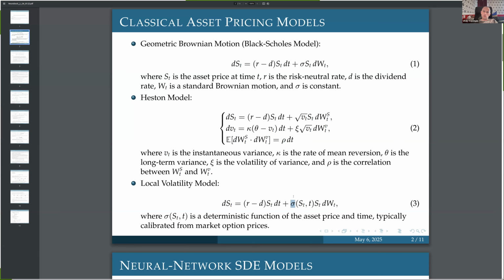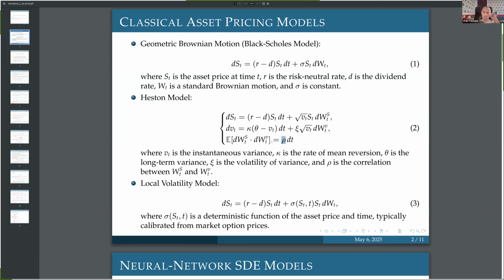Hold on, are you saying that those two Brownian motions are correlated with one another? I'm trying to understand what this equation two means, the third one in equation two. So they're correlated. Should I think about S sub t as a vector, or is it a scalar? It's just one price. And then what does this dot product mean?